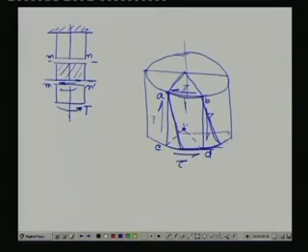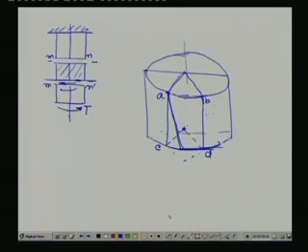Let me make this figure a little clear, erasing other aspects we have already discussed. Now, let us concentrate only on this element.